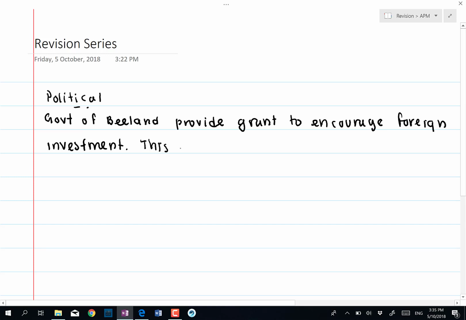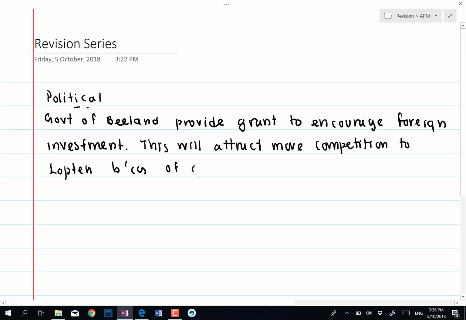This will attract more competition to Lopten because of the government incentive.